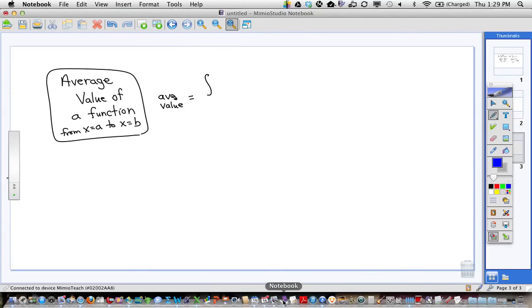And the formula is this. The average value of a function from a to b is the area from a to b divided by b minus a. That is the formula that you need to memorize.